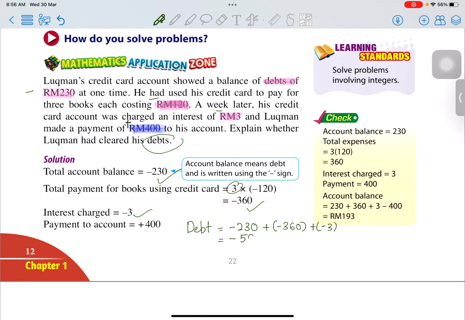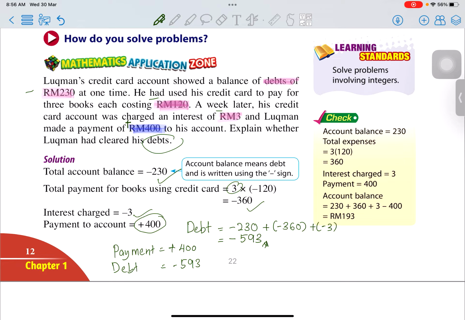So payment 400 ringgit. So is there still a debt or not? Now we can check whether he has cleared it or not. You can see here, payment equals positive 400, and his debt equals negative 593.